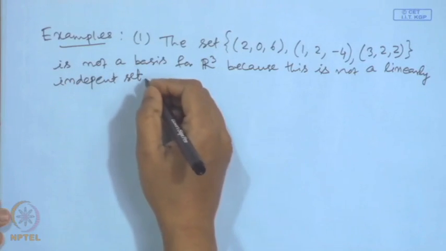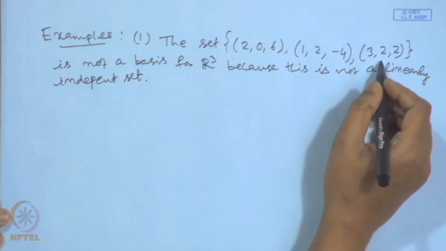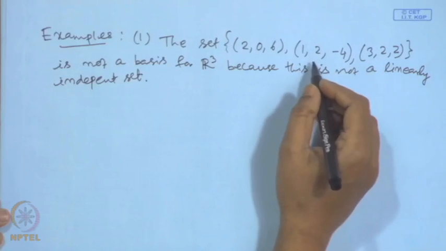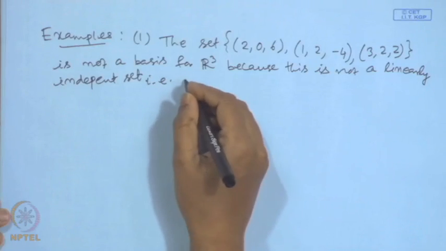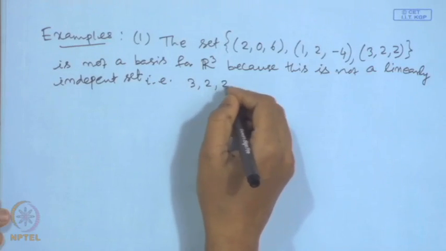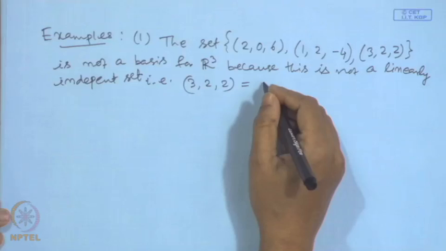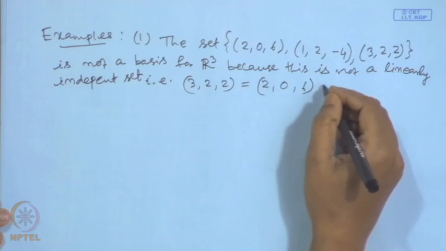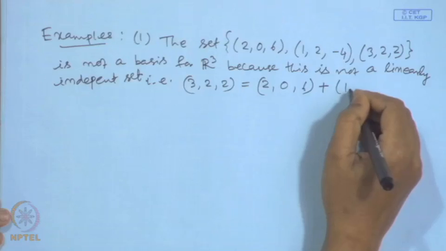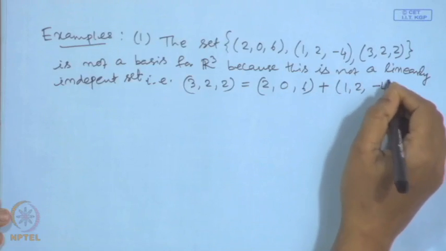One can write the third vector as the sum of the other two, that is, (3, 2, 2) can be written as the sum of (2, 0, 6) plus (1, 2, -4).